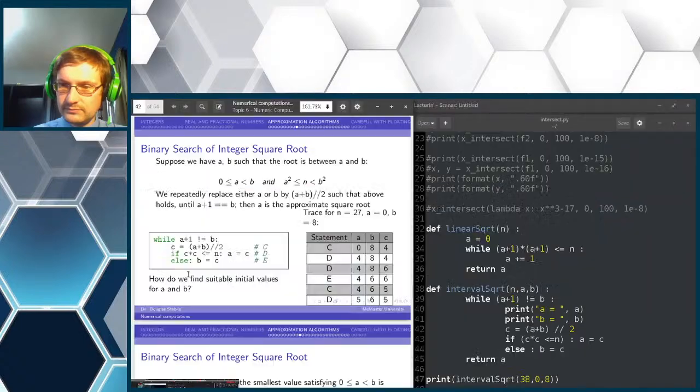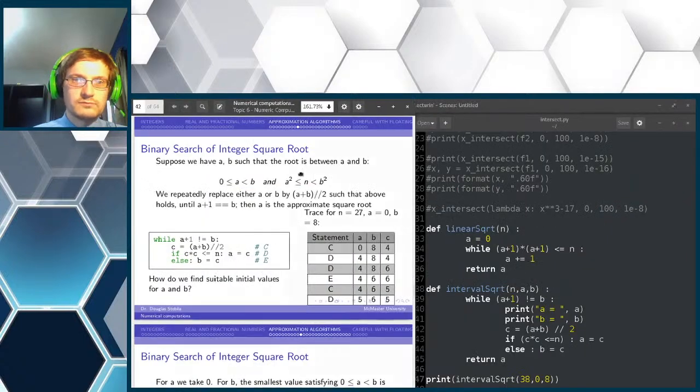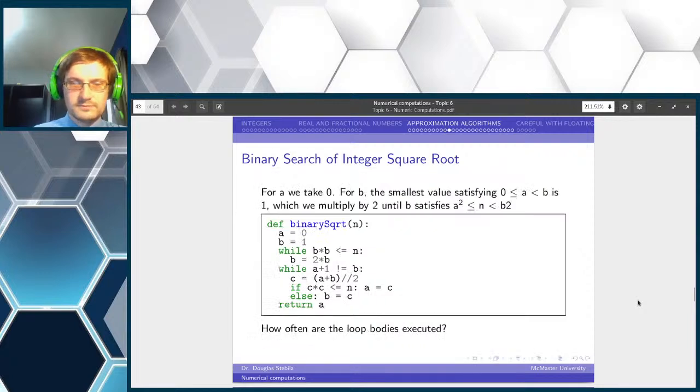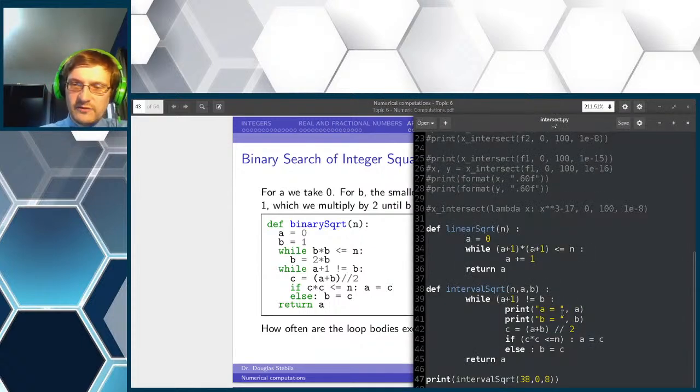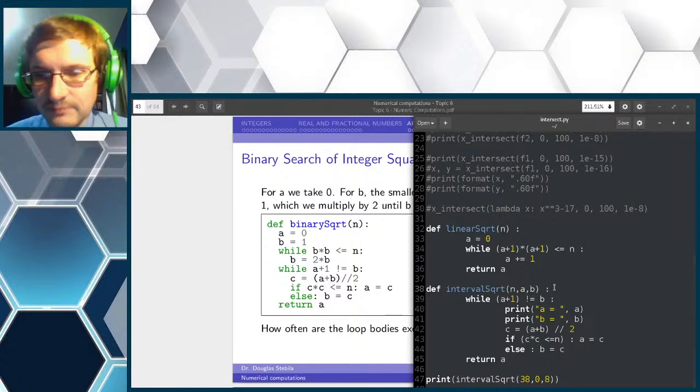Questions? Yeah. So, good. So in this version of the algorithm, we're giving up front what B is, but it's also possible to calculate what a good starting B would be.